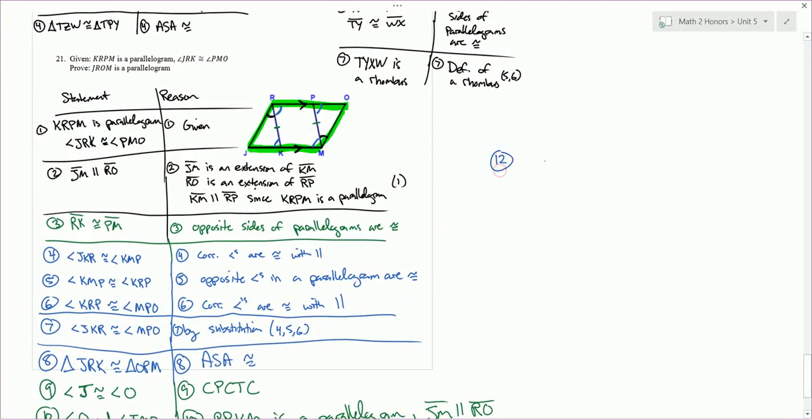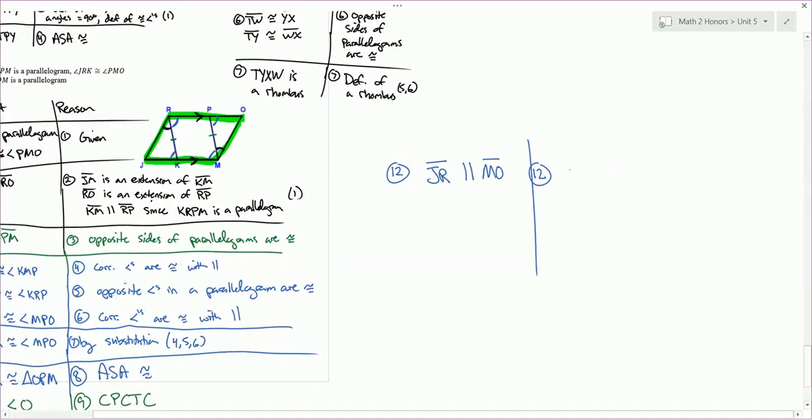So statement 12: JR, there's what we want, is parallel to MO. And our reason is if we have same side interior supplementary, then we get that they're parallel. One of the findings with parallel lines.